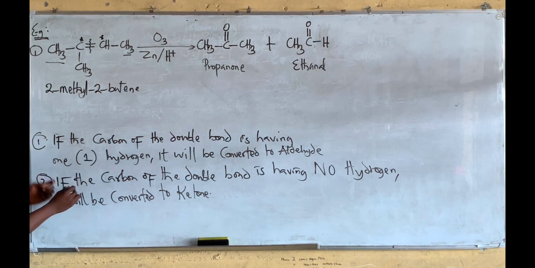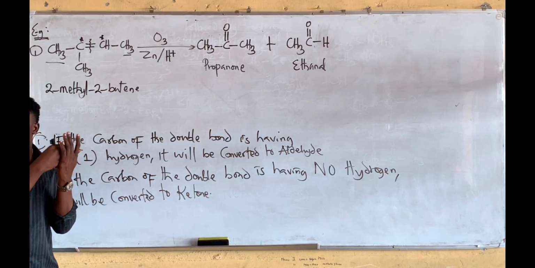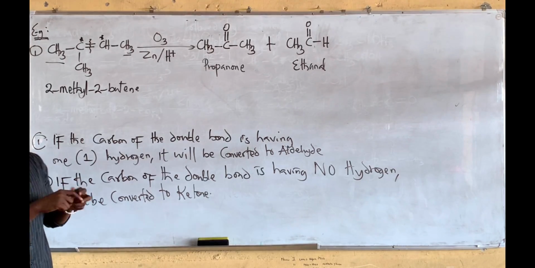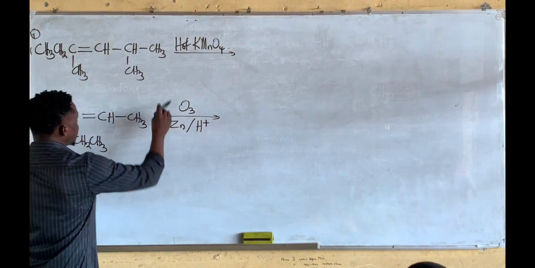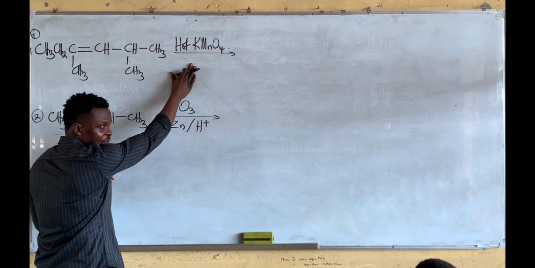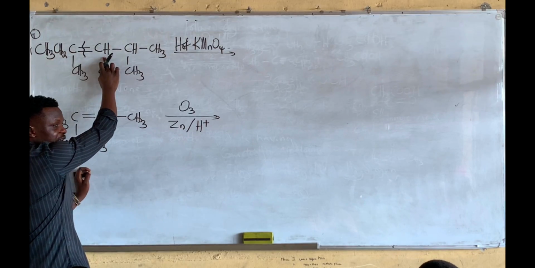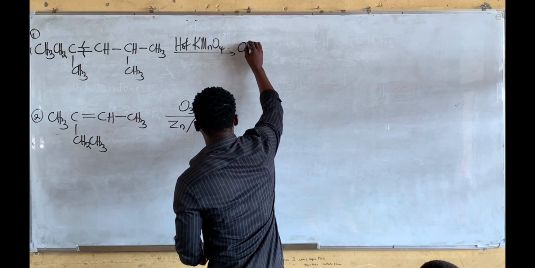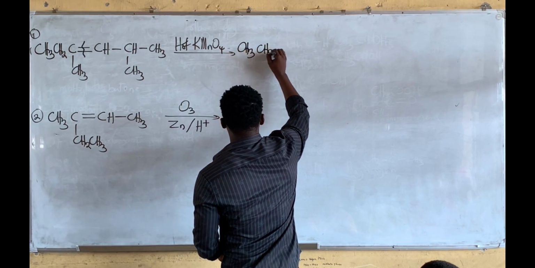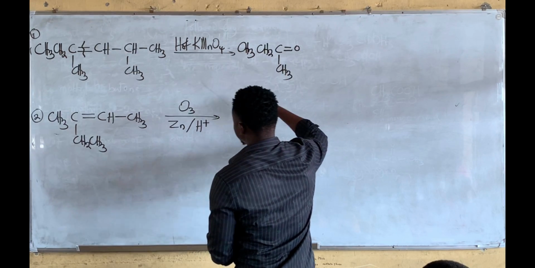So if you take this seriously, you might just realize that the examples I've been doing in class don't have to be your exam question. Let's attend these questions. Now this one is not given, but this is oxidative cleavage. Split this. This will give us ketone. This will give us the carboxylic acid. So we have CH3, CH2, and this is CO. I'm going to write it here properly.